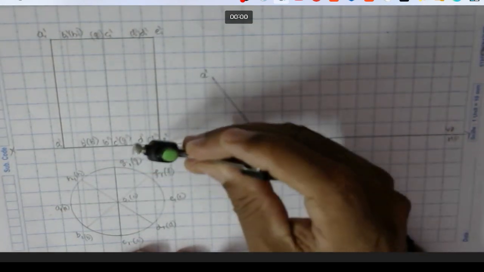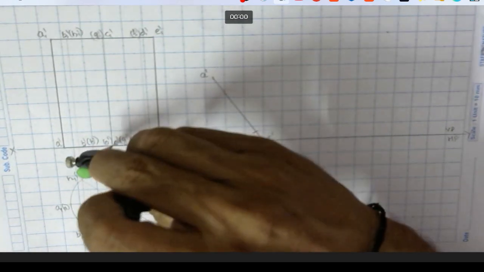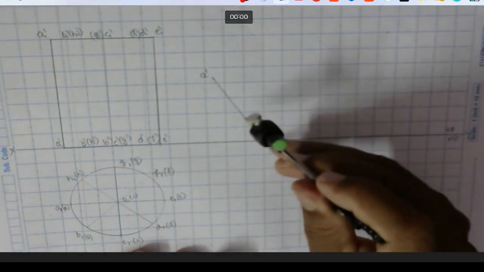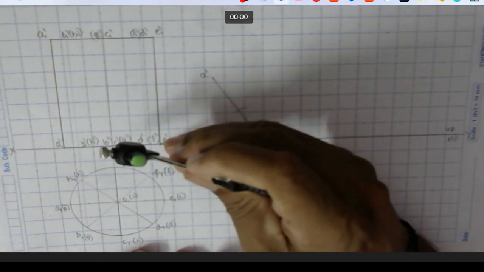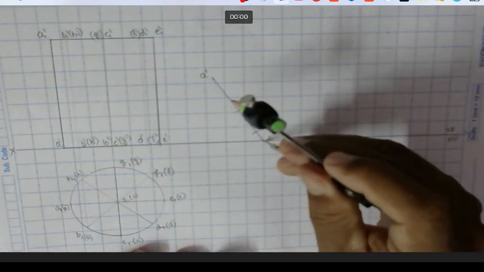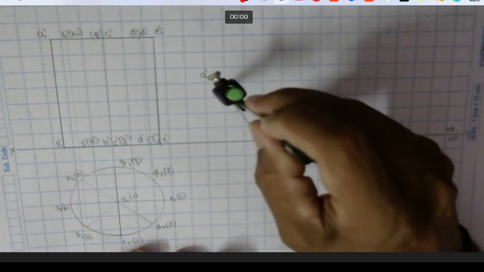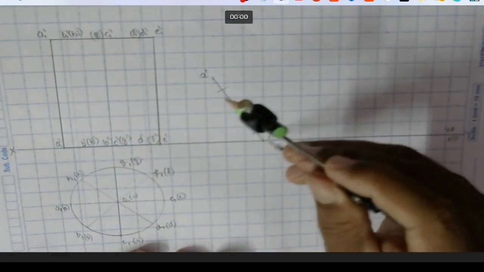Okay, I'll mark here. We'll measure the distance C dash. I'll mark over here. Again I will measure the distance B dash, mark over here. Okay. Now let us check whether I got it right or wrong.